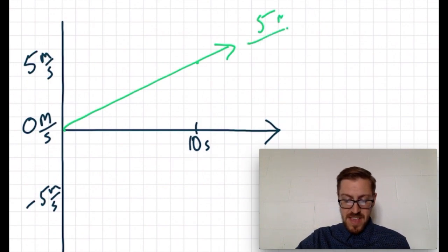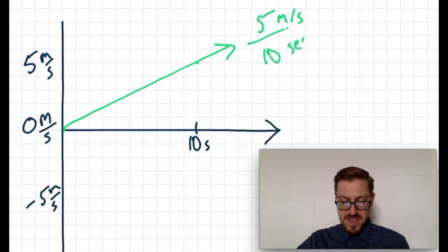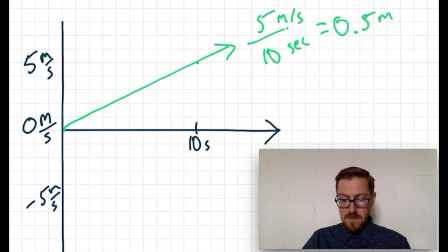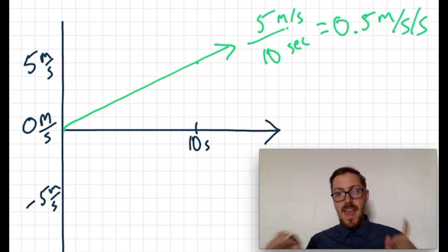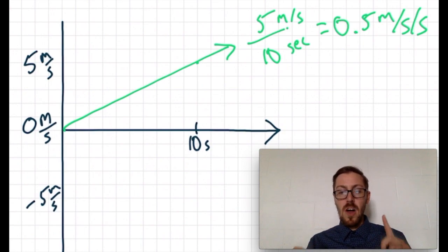So 5 meters per second, that's our rise, over 10 seconds. This is going to be 0.5 meters per second every second. The car's speed increased by 0.5, or 1/2 meter per second.